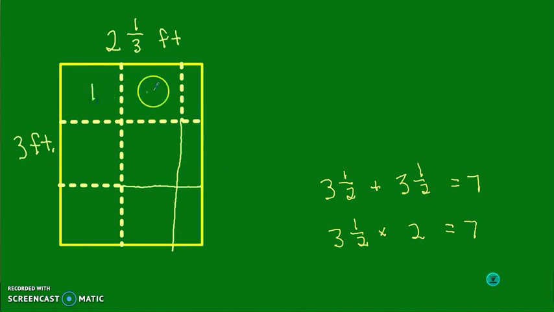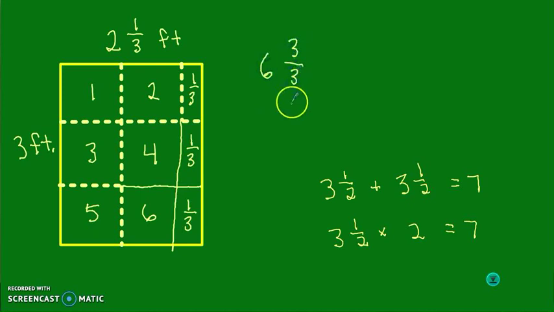We have 1, 2, 3, 4, 5, 6 whole squares, and then each one of those is a third. So 1/3, 2/3, 3/3. So we haven't done this on the other ones, but we could write 6 3/3. That would be okay to write it.